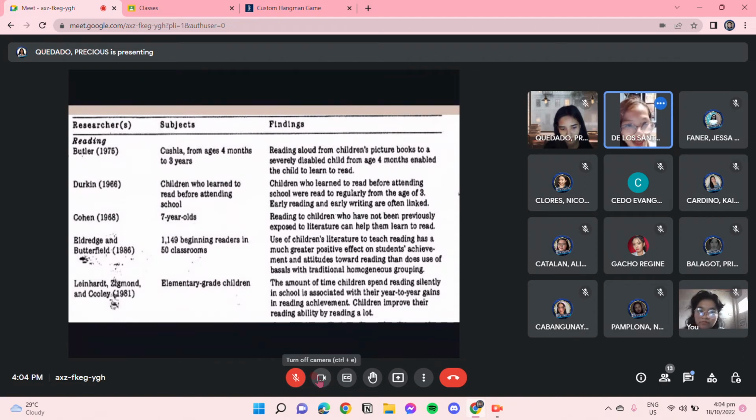Next is Eldredge and Butterfield in 1986, and their subject is 1,149 beginning readers in 50 classrooms. And their findings here is the use of children's literature to teach reading has a much greater positive effect on students' achievement and attitudes toward reading than does use of basals with traditional homogeneous grouping.